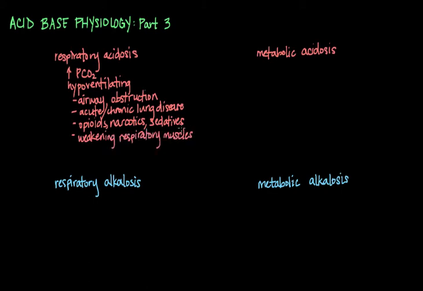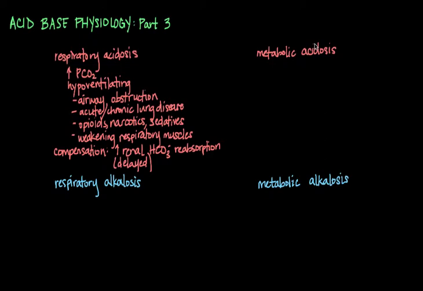Now, there's a particular compensation associated with respiratory acidosis. In particular, the kidneys might try to compensate by increasing their reabsorption of bicarbonate, and this is considered to be a delayed response.